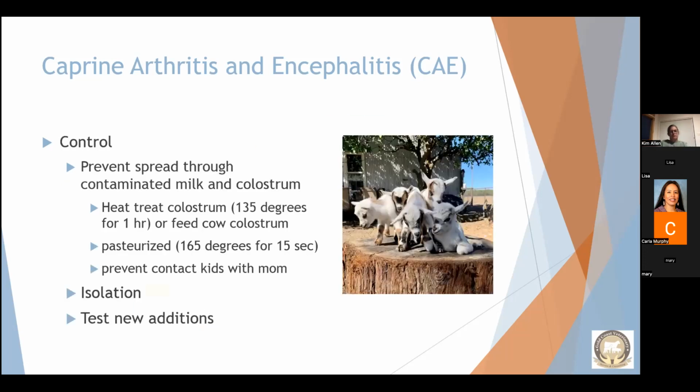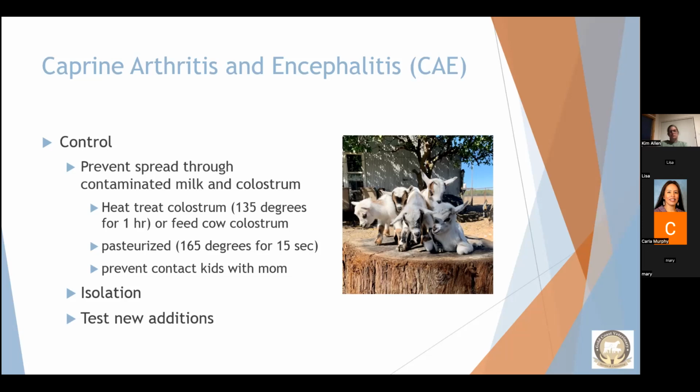In order to control it, the main thing is to prevent the spread through contaminated milk and colostrum. To do that, you could heat treat colostrum under 35 degrees for an hour, or just feed cow colostrum. You could pasteurize the milk at 165 degrees for 15 seconds, or remove the kids so that they don't have any contact with the mom.